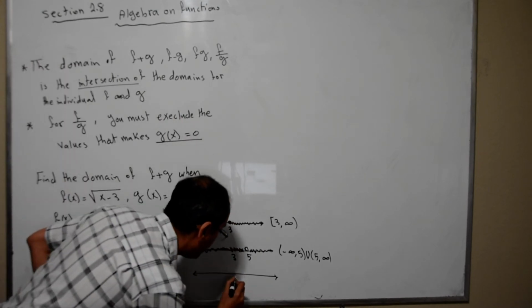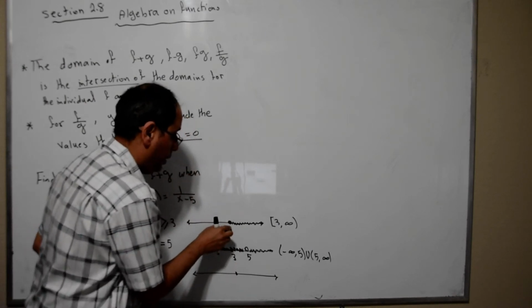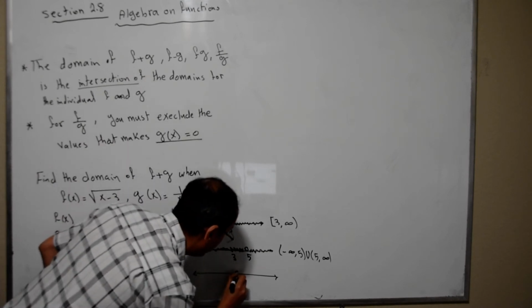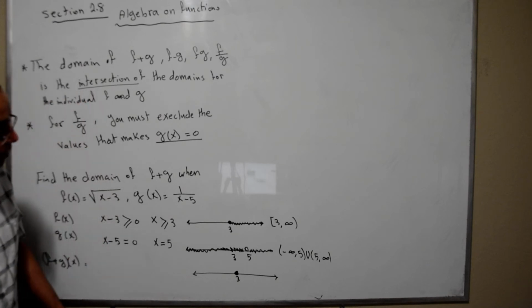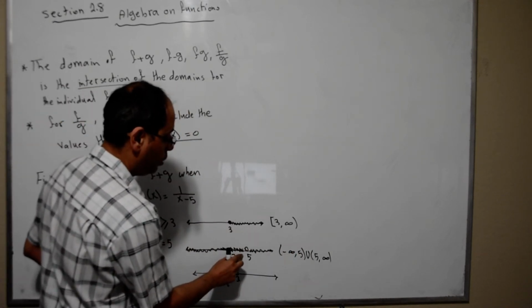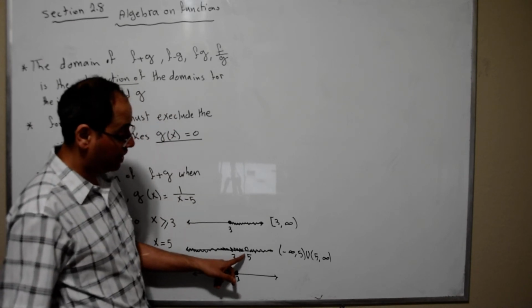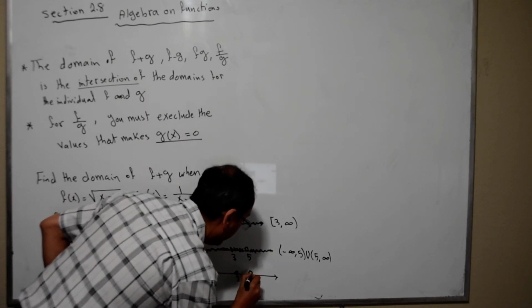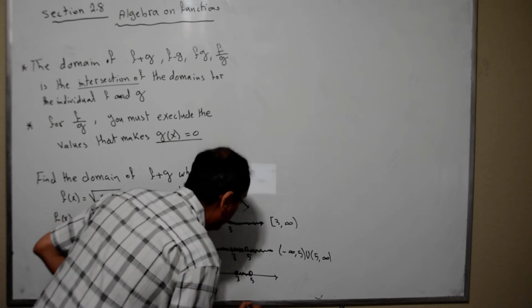I'm going to go for 3 here, and 3 is included in both f and g, so I'm going to make 3 a closed circle. Now let's move to the right. From 3 to 5 is fine. However, 5 is skipped here, so I have to skip 5 here too. And this is shaded.